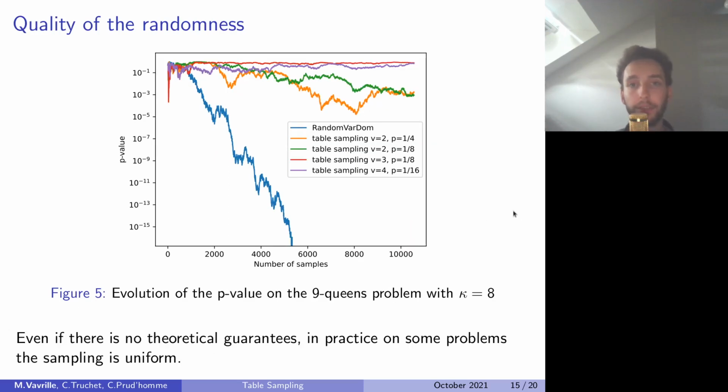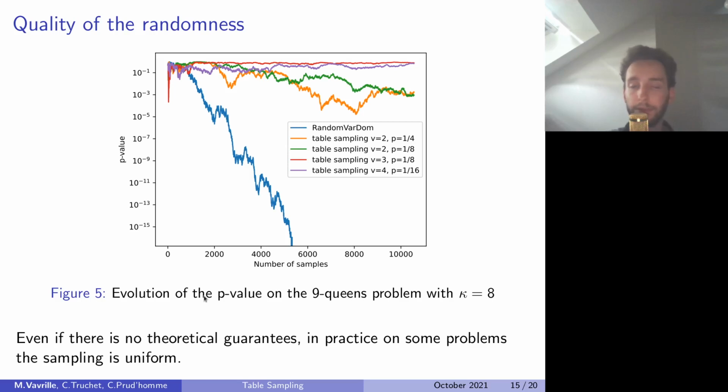Last, for the quality of randomness, we tested on the n-queens problems, and here we see that random Vardom still tends to 0, the p-value still tends to 0, but in our approach it tends to 1, so for the last two parameters, the red and purple lines, and it means that the sampling is uniform.